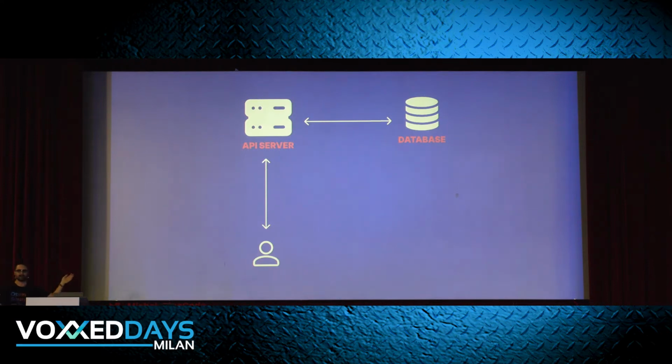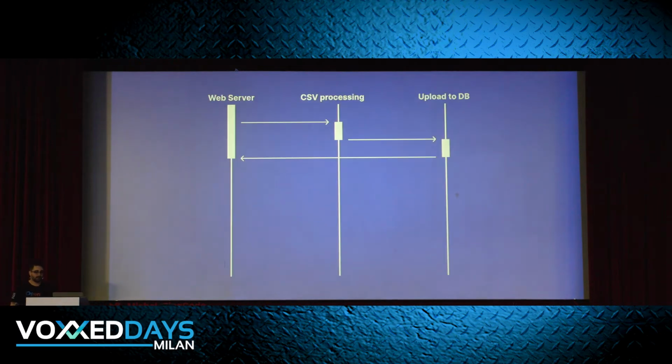Basically, a user uploads something to an API server, the API server processes the data, and then inserts everything into a database. If we want to go into a more specific diagram, you see that we make a request, we process the data as soon as we have it, and then upload the data to a database. Once we are finished, we send back an OK message to the user.